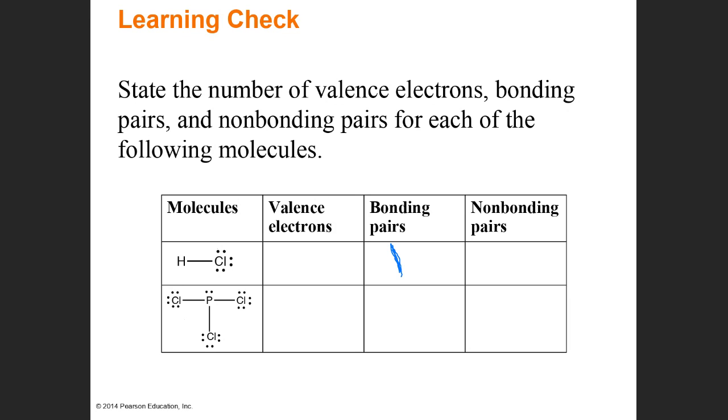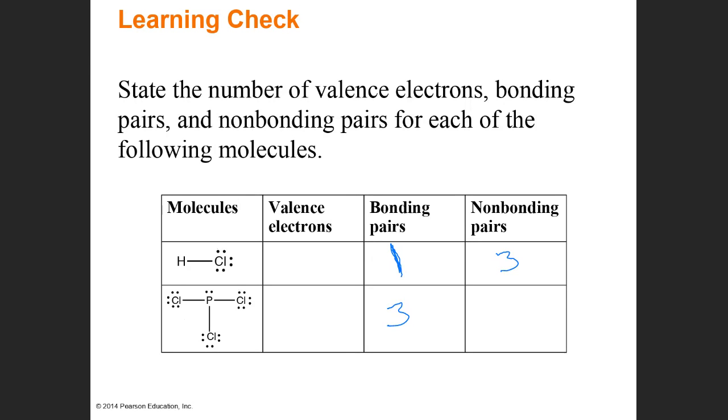Now, how many pairs of bonding electrons do you see here in PCl3? 3 pairs, right? 1, 2, 3. 6 electrons, 3 pairs. So now if we look at the pairs that aren't being bonded, we got 1, 2, 3 on the chlorine.